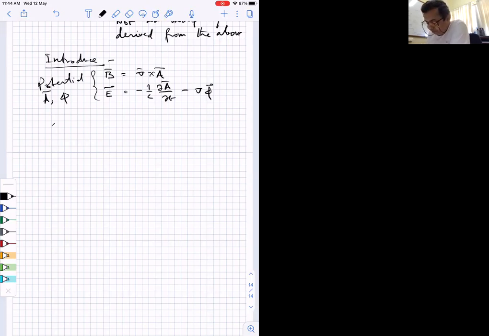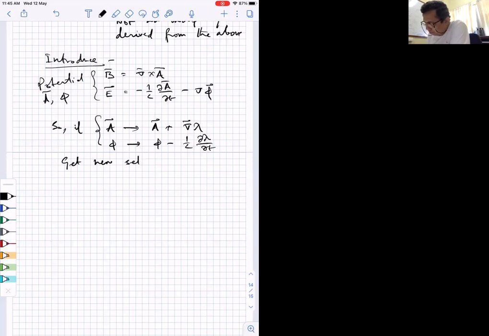If A is changed to A plus the gradient of some scalar function lambda, and at the same time phi is changed to phi minus 1 by C del lambda by del T, then there is this new set of potentials.